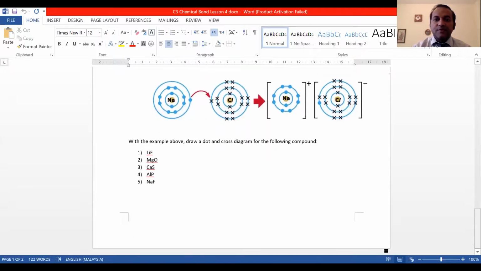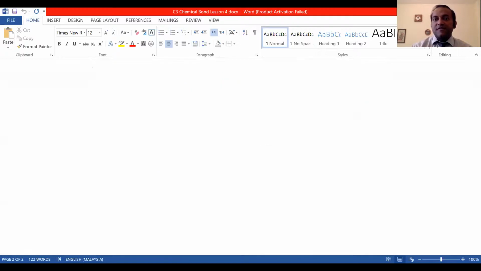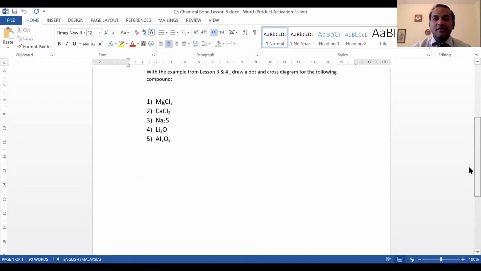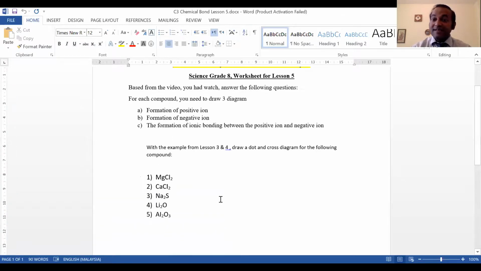So with that concept, you need to draw lithium fluoride, magnesium oxide, calcium sulfide, aluminum phosphate, sodium fluoride. After following that, you have another worksheet that is similar. This is lesson 5, similar, just a different compound. Okay. The examples from lesson number 3 and number 4 just now, you should be able to do this.